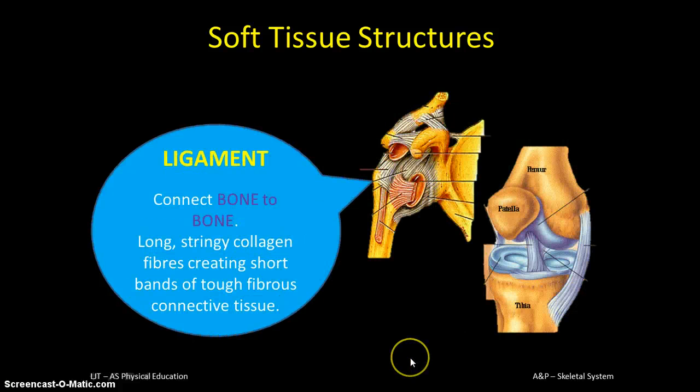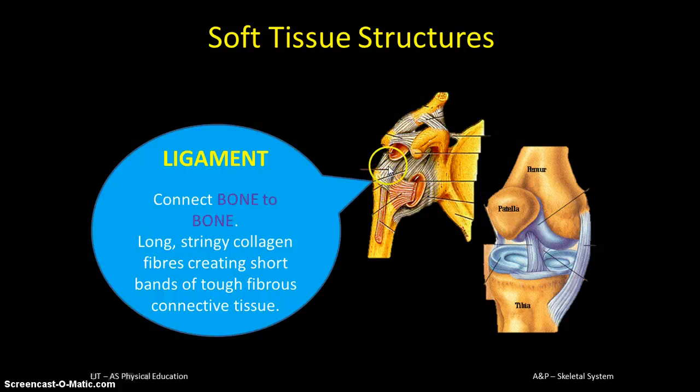So ligament was the other soft tissue structure that you need to be quite clear about, and this connects bone to bone. I've put these images here because of your shoulder, so this is your humerus bone and your scapula, and you can see that there's an awful lot of white tissue, this stringy collagen tissue, which is very tough connective tissue and pulls the head of the humerus and holds it.